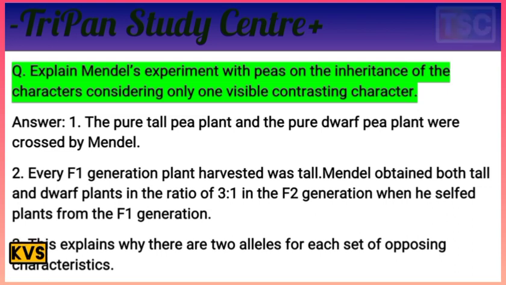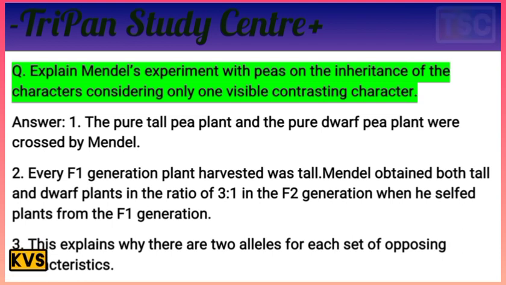That's important for the exam. A pure tall pea plant and a pure dwarf pea plant were crossed by Mendel. Every F1 generation plant harvested was tall.